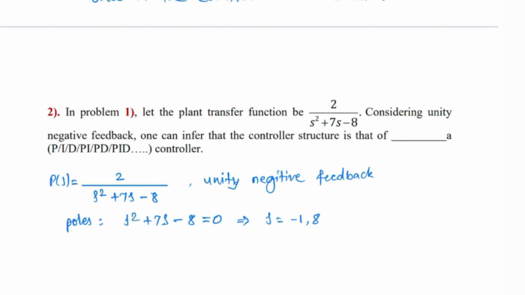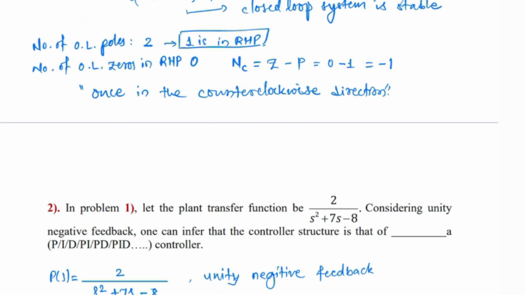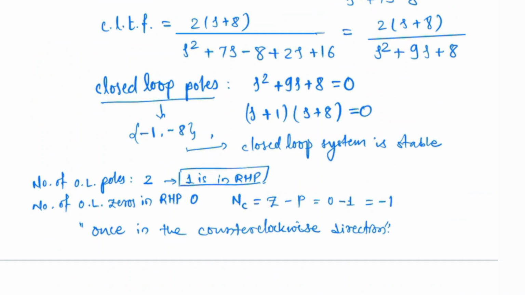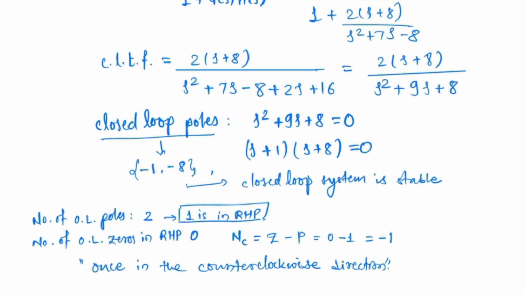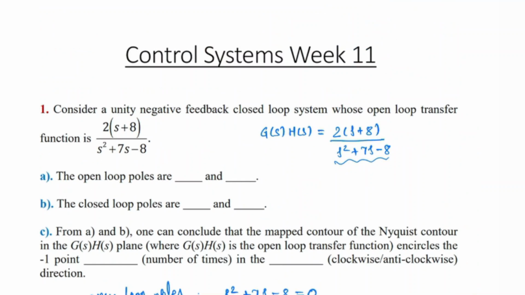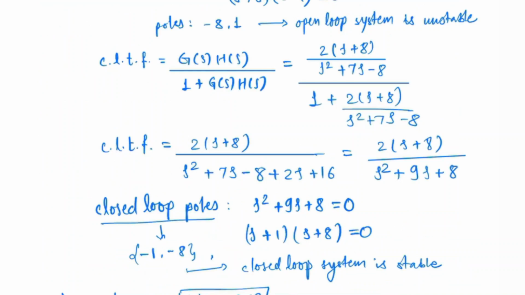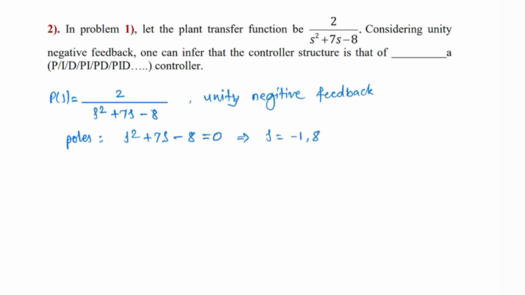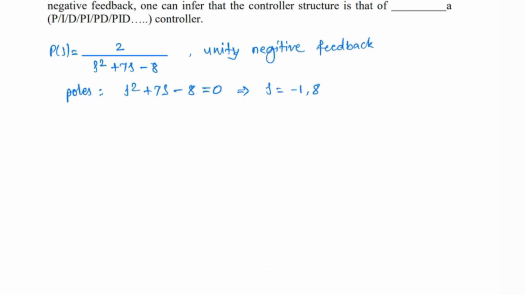So if we consider this previous problem, we had an open loop transfer function of this in the numerator. So if we say that s plus 8 turns out to be part of the controller transfer function C(s), so we would end up getting the same transfer function.